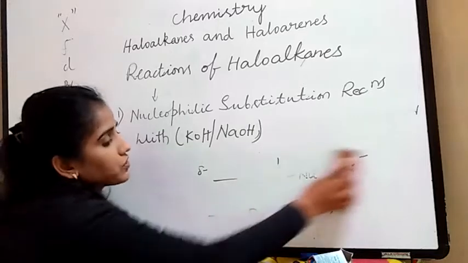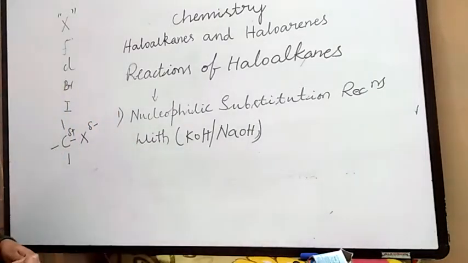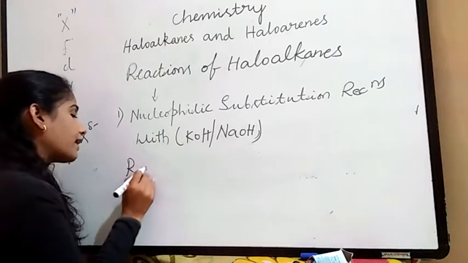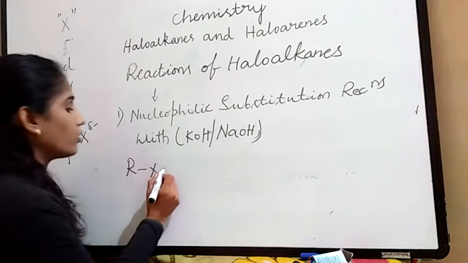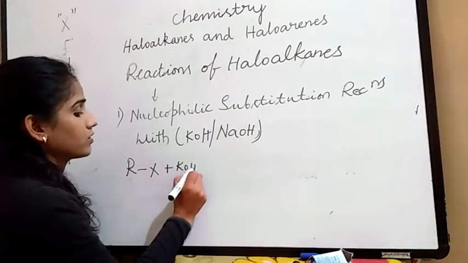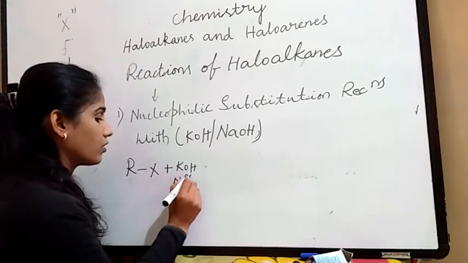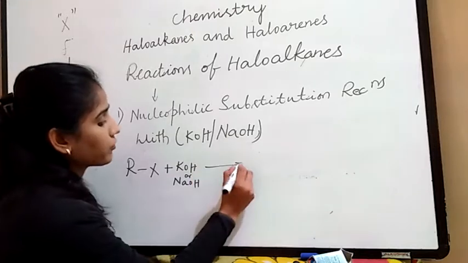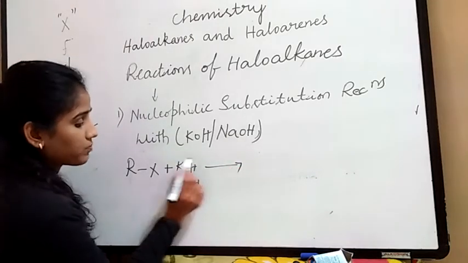KOH and NaOH both are alkalis, both are bases only. Whatever the haloalkane, I am writing first the general reaction. Haloalkane reacts with KOH or NaOH, potassium hydroxide or sodium hydroxide, to give rise to R-OH, where the nucleophile is OH minus.